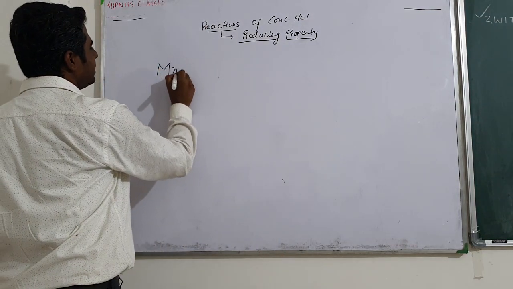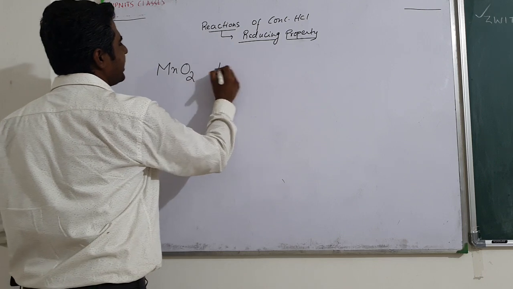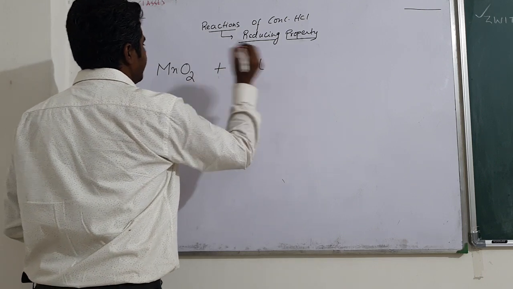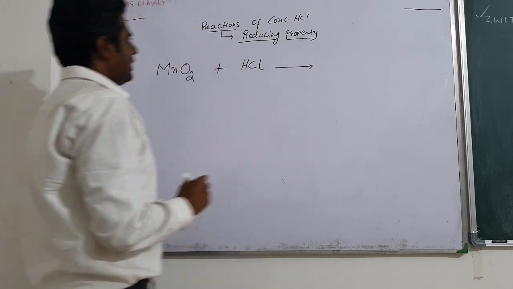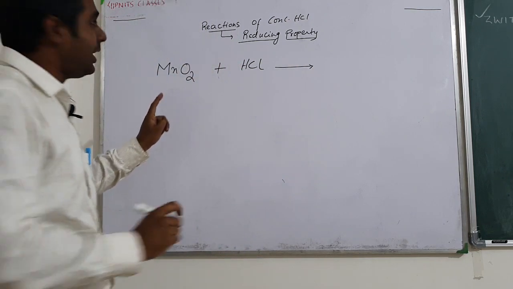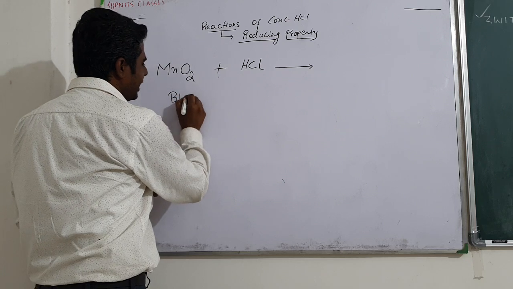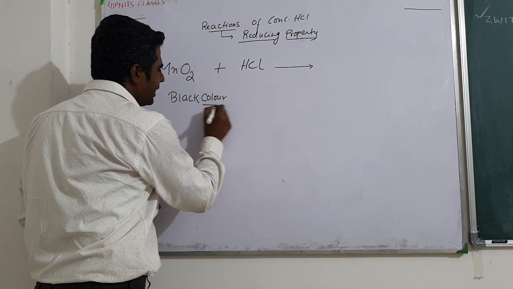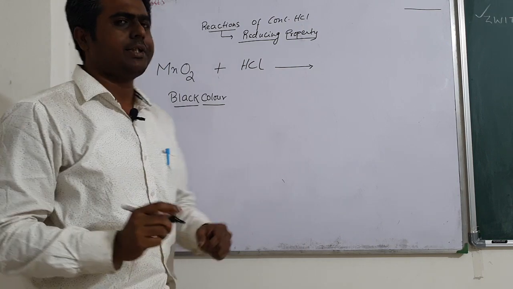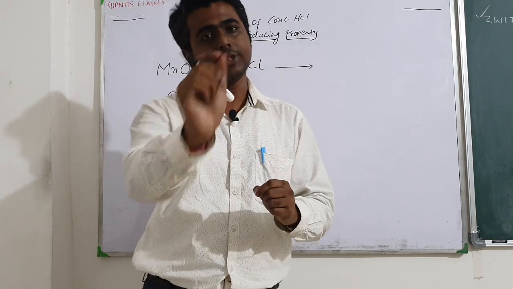So let us do this one: MnO2 plus HCl. First of all, MnO2 is a black colored solid. So what is the color of MnO2? Black. Another compound you have studied that is also black is copper oxide.